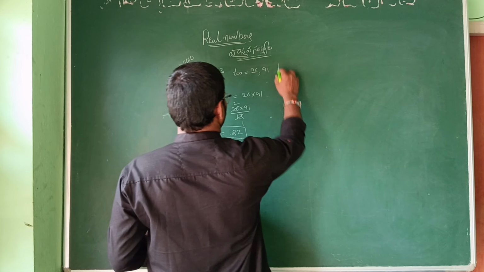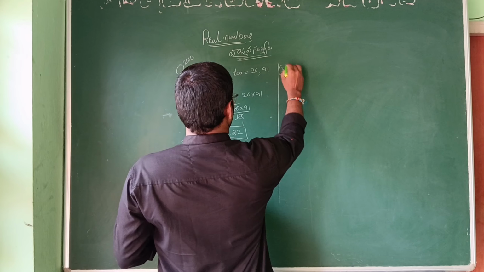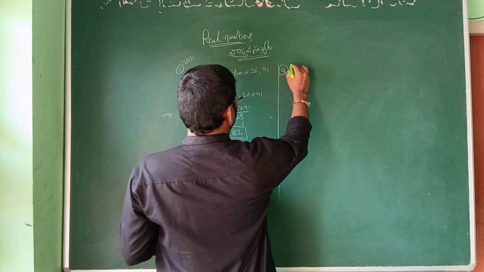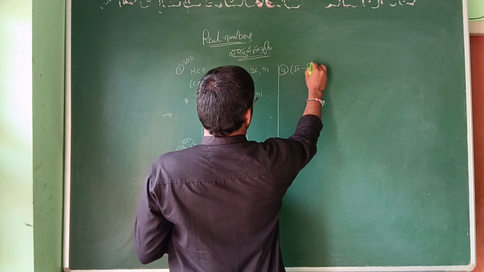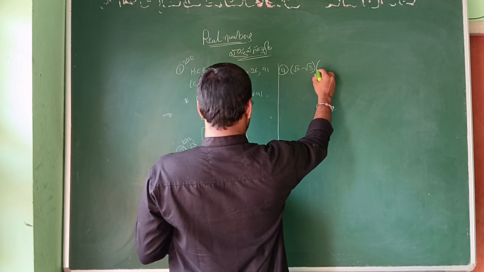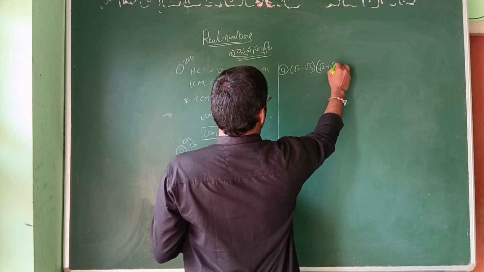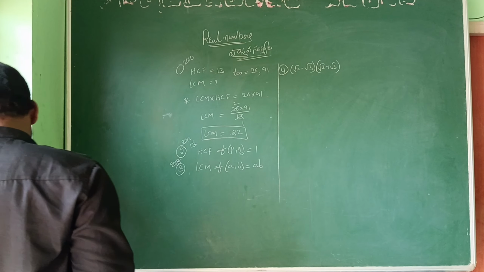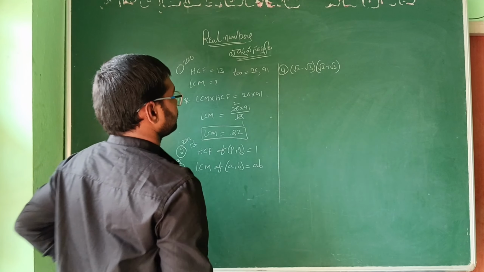Next, here one more important question is there, the fourth question. Root 2 minus root 3 times root 2 plus root 3: do we get a rational or irrational number?